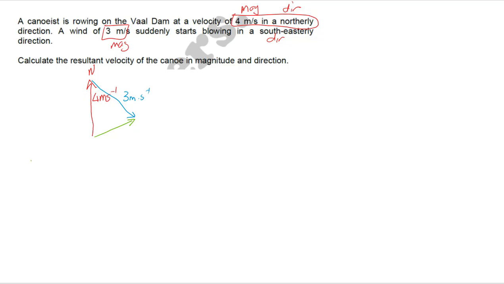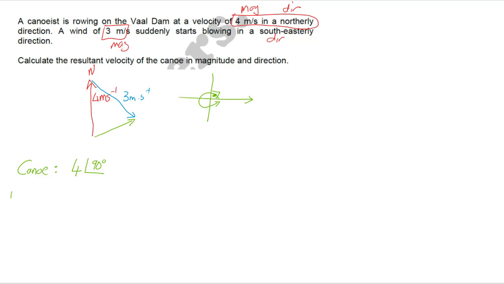So the canoeist, he has a magnitude of 4 and he's at an angle of 90 degrees. Remember, in mathematics, we always measure from the horizontal in an anti-clockwise direction. So if he is traveling in a northerly direction, it means his angle will be 90 degrees.